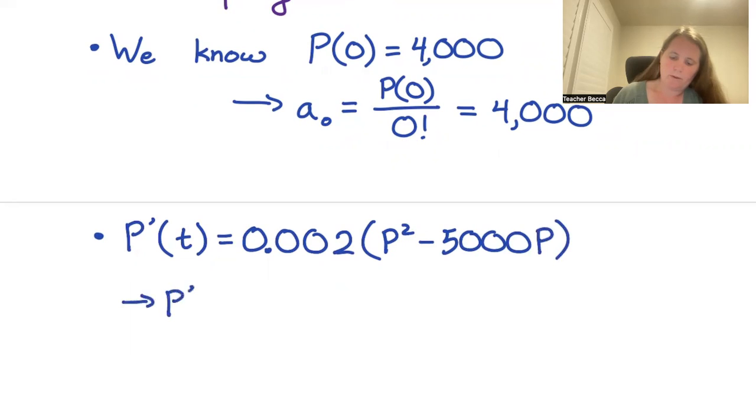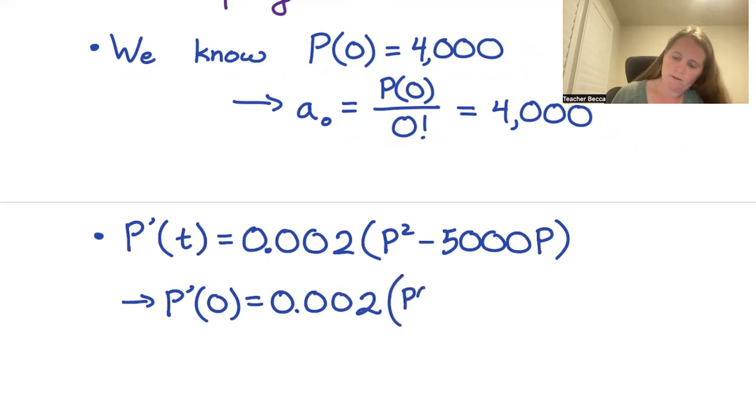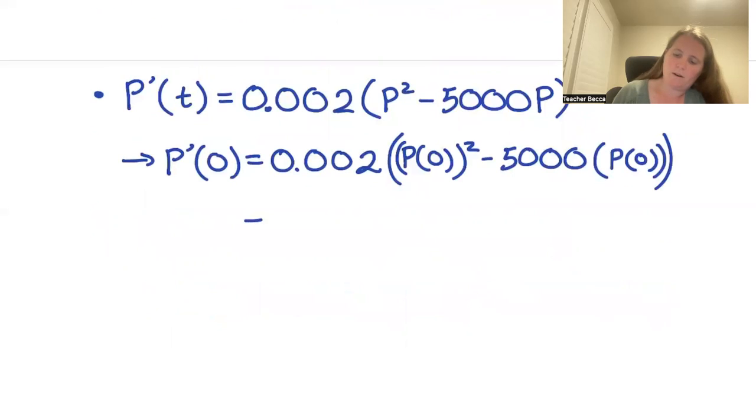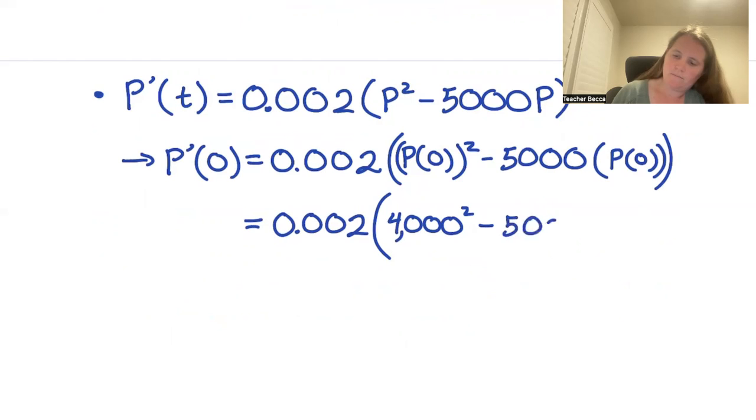So p prime of 0 is 0.002 times p of 0 squared minus 5,000 times p of 0, or 0.002 times 4,000 squared minus 5,000 times 4,000.